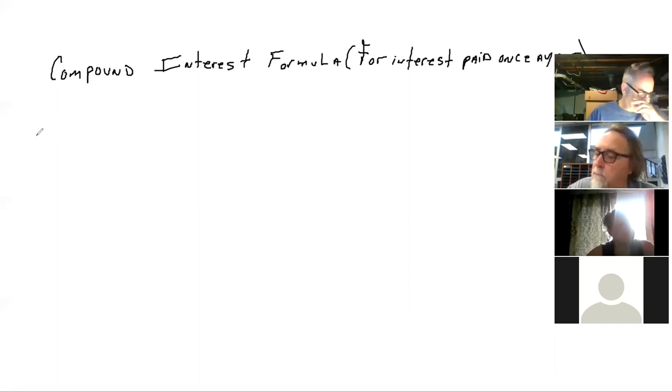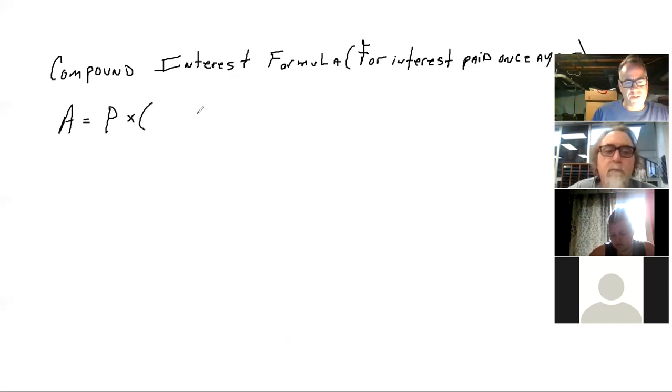So here it is: A, capital A, equals P times a quantity, two things added together inside the parentheses, 1 plus APR, capital A, capital P, capital R, and then to a power, an exponent, and that is a capital Y.